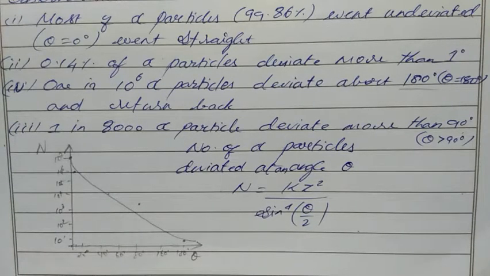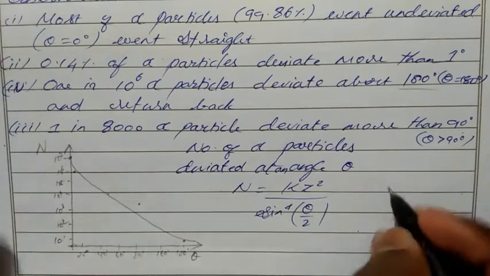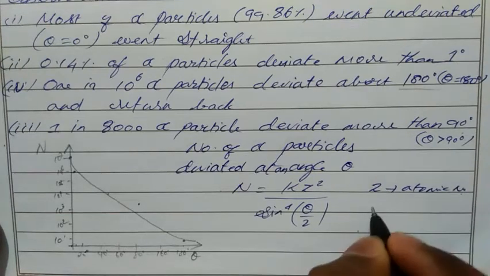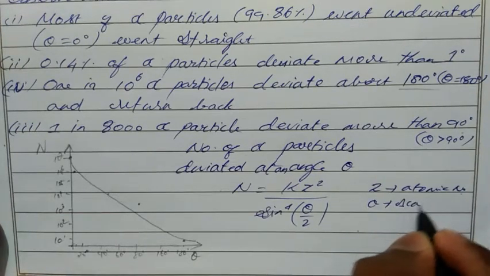So this is the total number of alpha particles scattered, which is deviated at an angle theta, which depends on constant k. Then Z means atomic number, theta is the scattering angle.